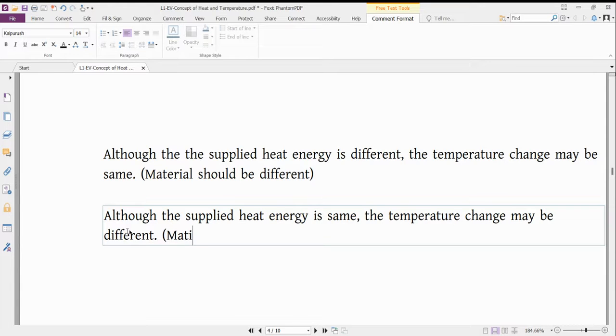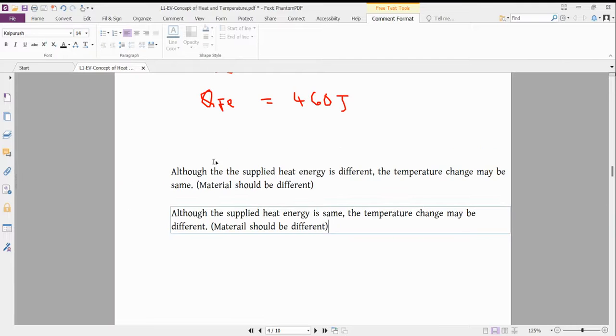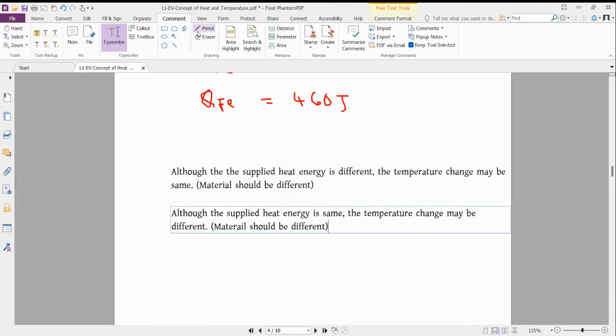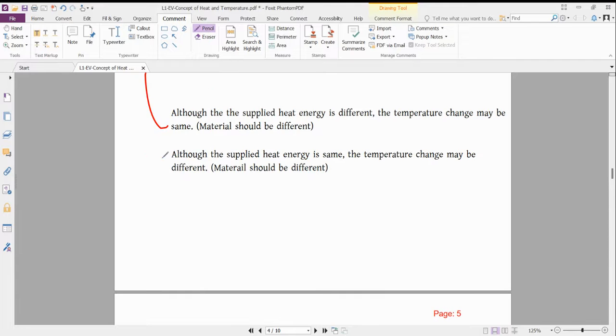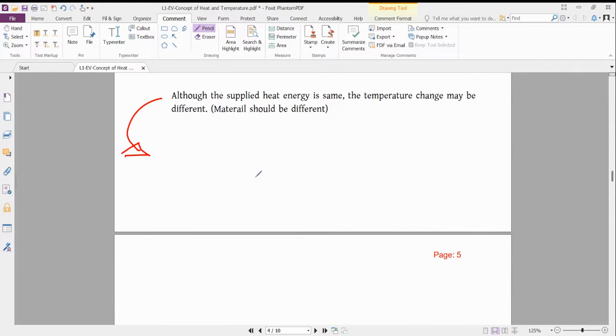Condition is that the material should be different. Already I have explained the first one by giving an example. This one, I will describe later by another example.